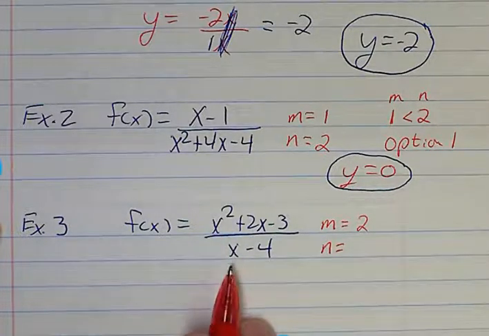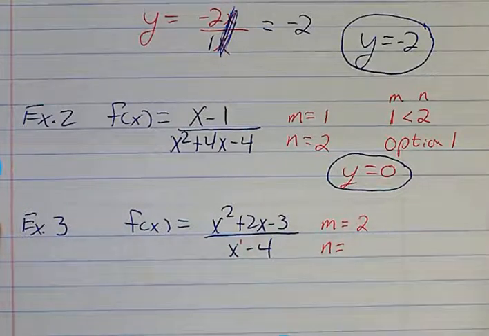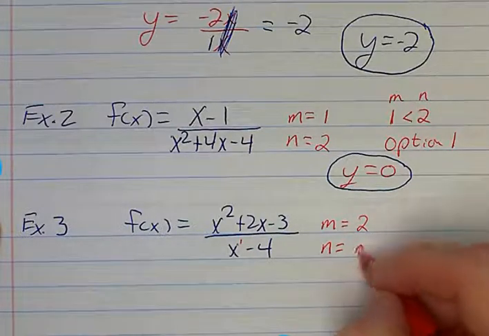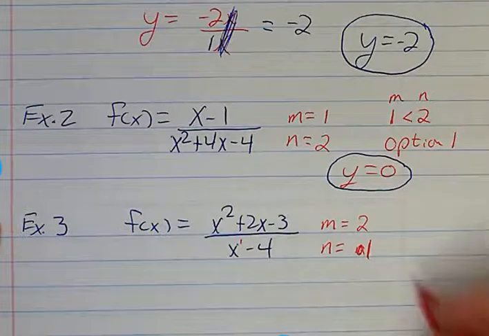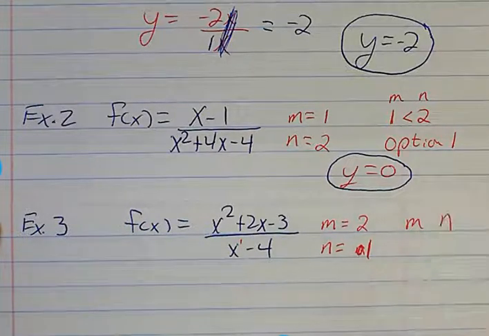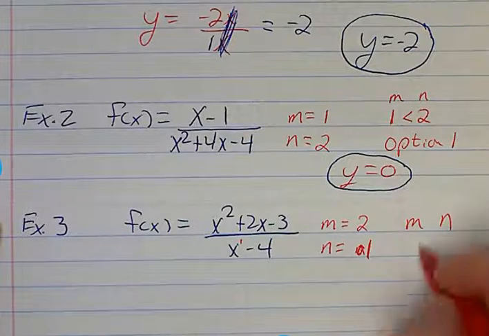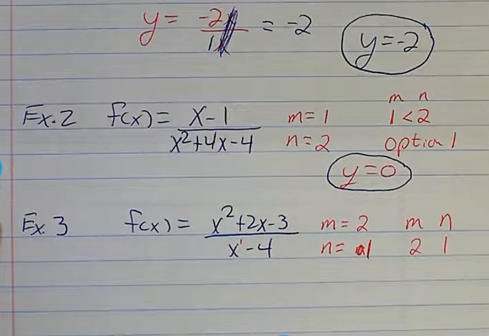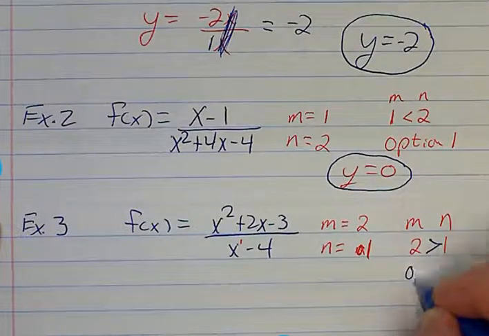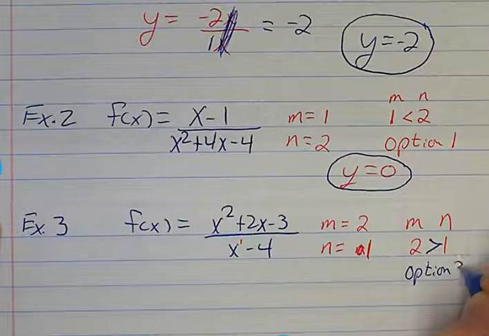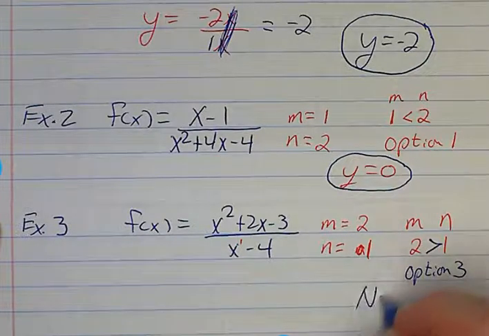On the bottom you have just the x, which again technically is x to the first, so that's a 1. And then you're going to compare m and n. So that's 2 and 1. 2 is greater than 1, so if we're going greater, that means we're going option 3, which means there is not one.